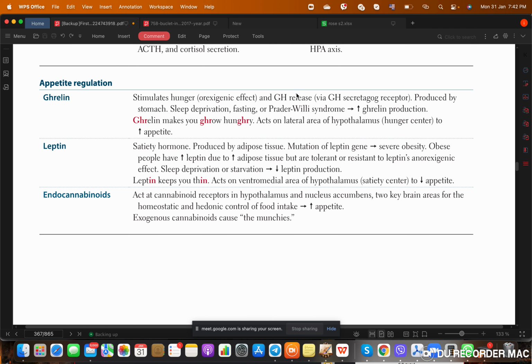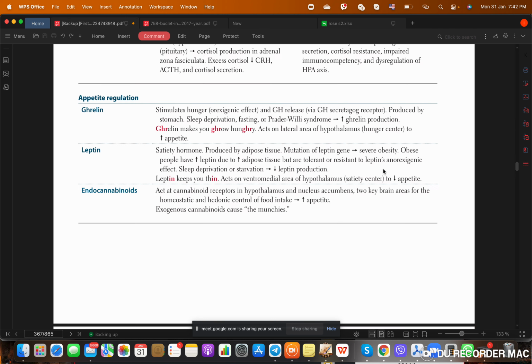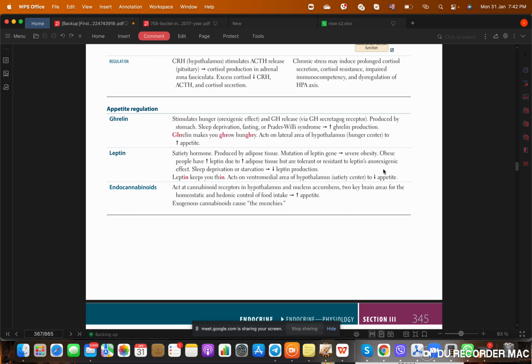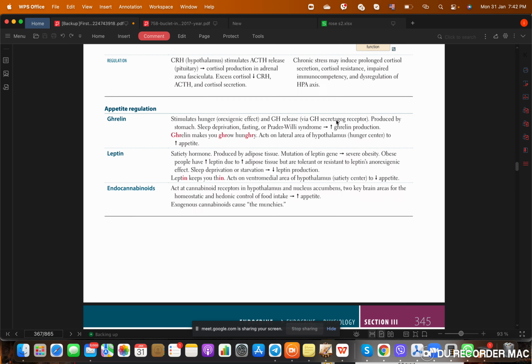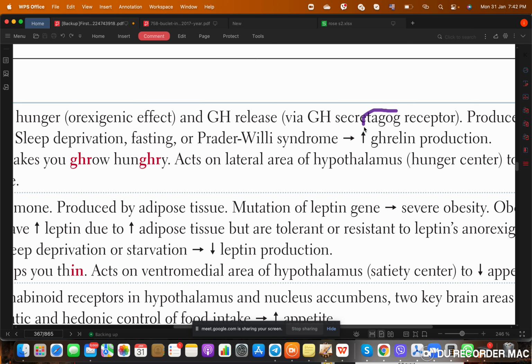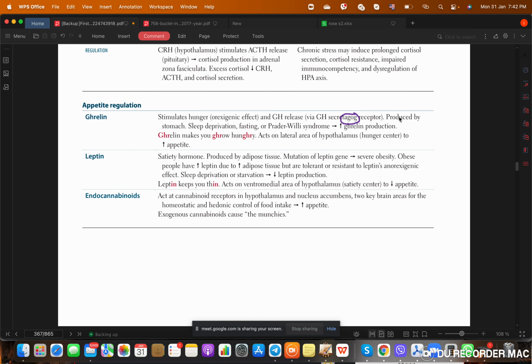Okay, and we are going to have production of a few things. First of all, the ghrelin release happens via the ghrelin secretagogue receptor. Guys, anytime in medicine you see this thing, agogue, it means it mimics it.